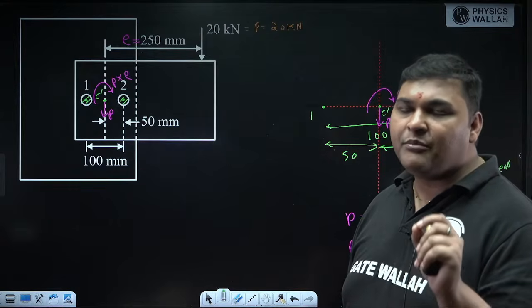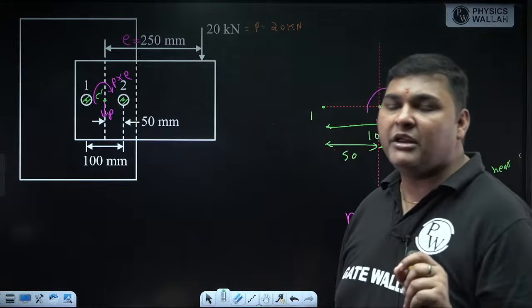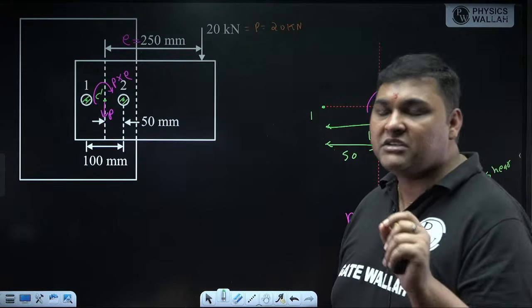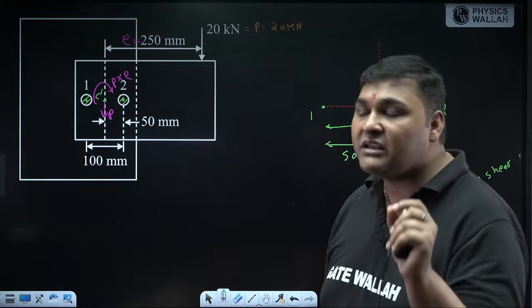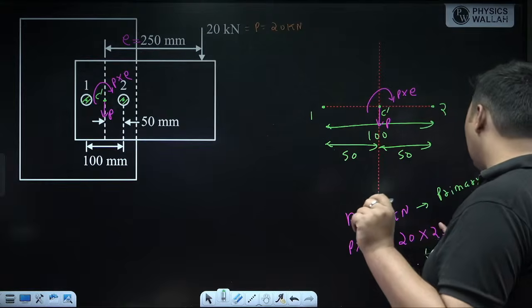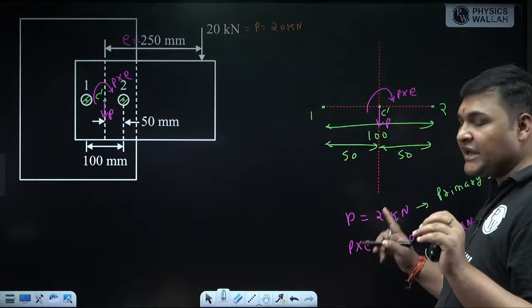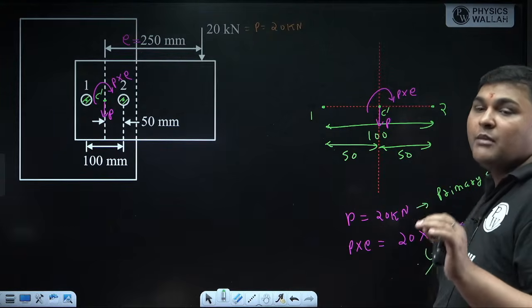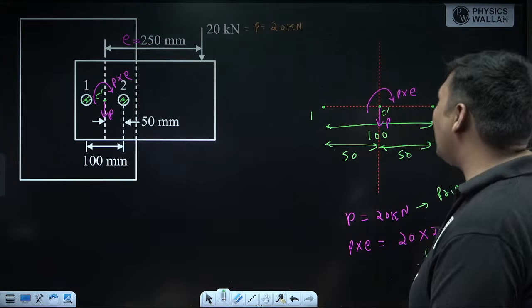If the vector angle between them is less, suppose 0, then the resultant will be 300. If the vector angle is more, suppose 180, the resultant will be 200 minus 100, that is 100. Means if the vector angle is less, the resultant will be more. So the resultant will be maximum for the rivet where secondary is more, that is when R is more, but also where theta, the vector angle, is less.